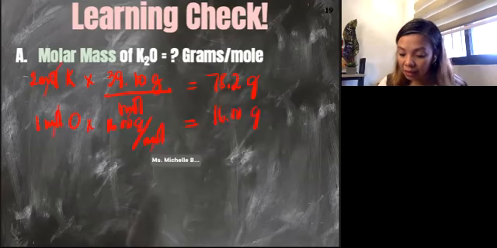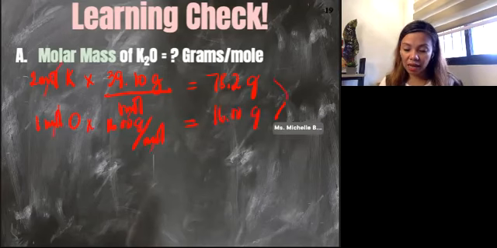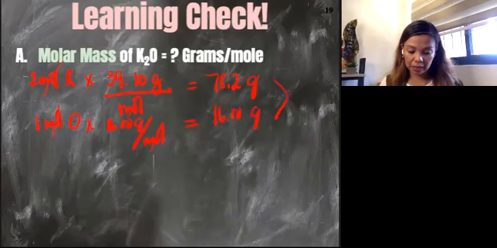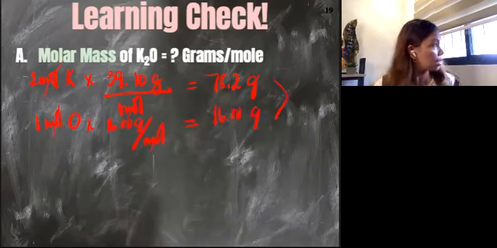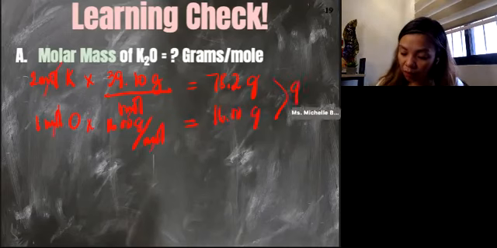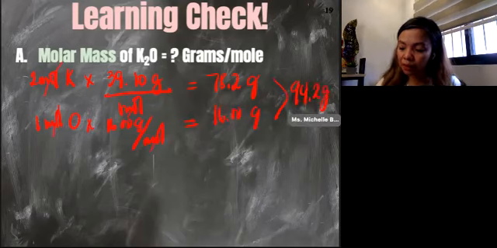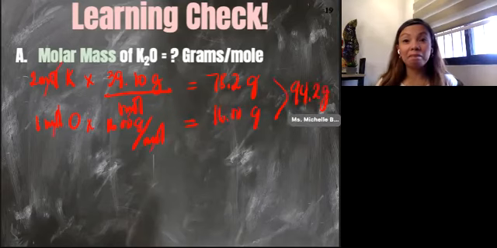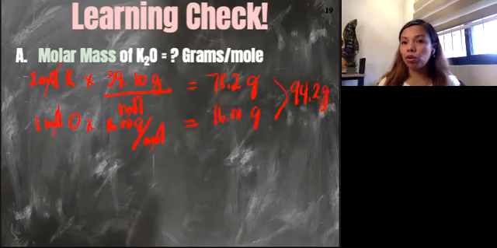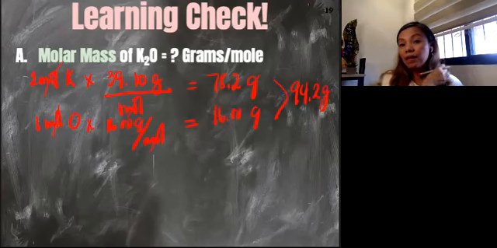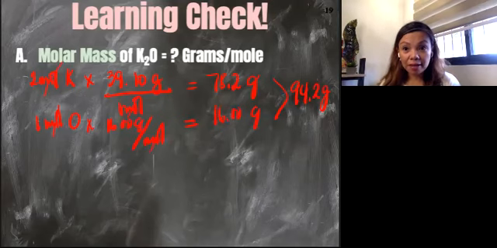Then, please get the total: 78.2 plus 16 is equal to 94.2 grams. Again, what do we mean by this? 1 mole of potassium oxide is equal to 94.2 grams. I hope that's clear.